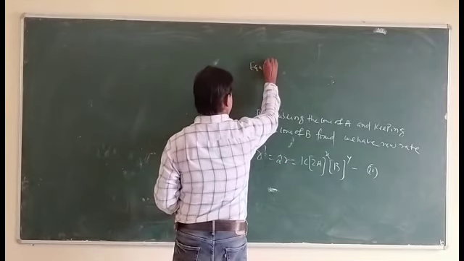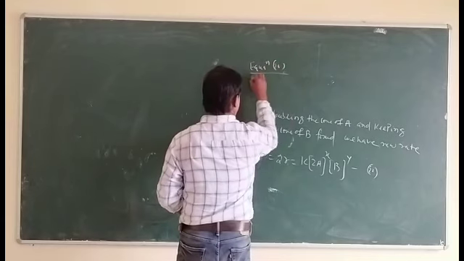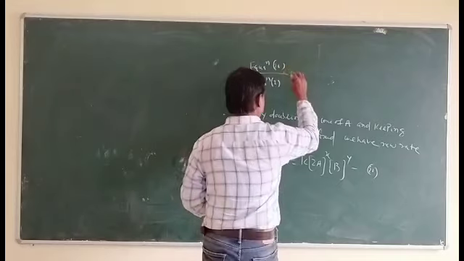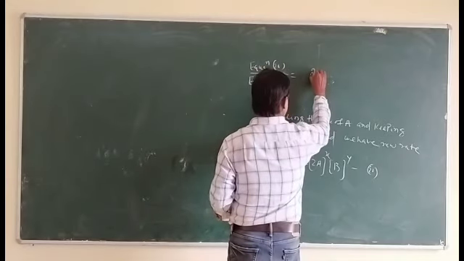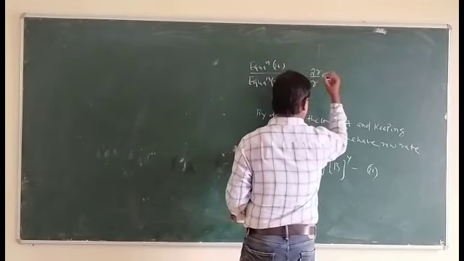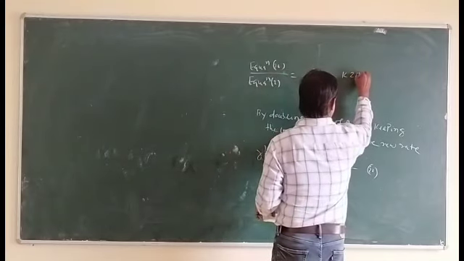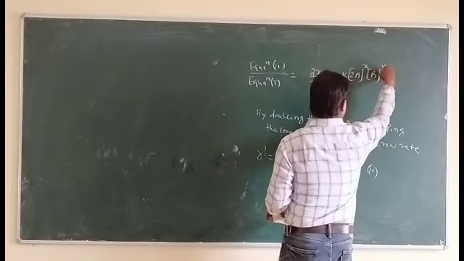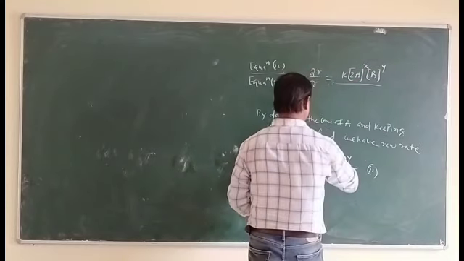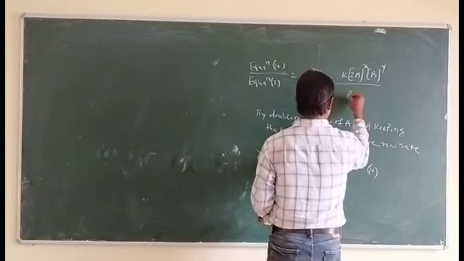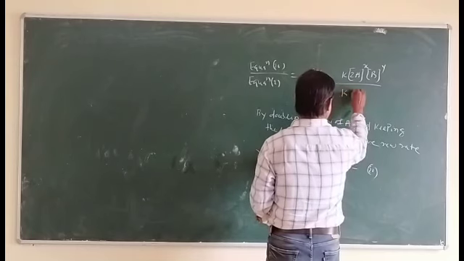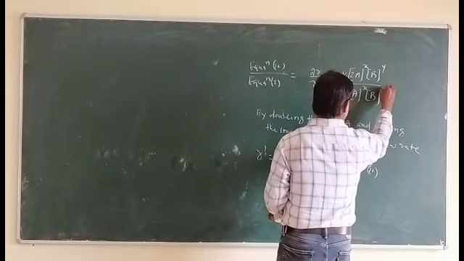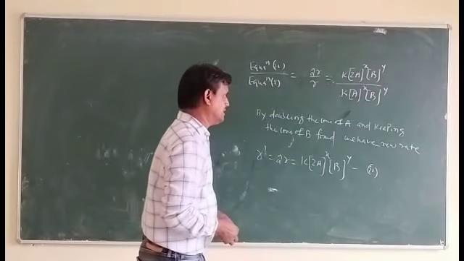Equation 2 by equation 1: 2R by R equal to K 2A to the power x B to the power y by K A to the power x B to the power y.